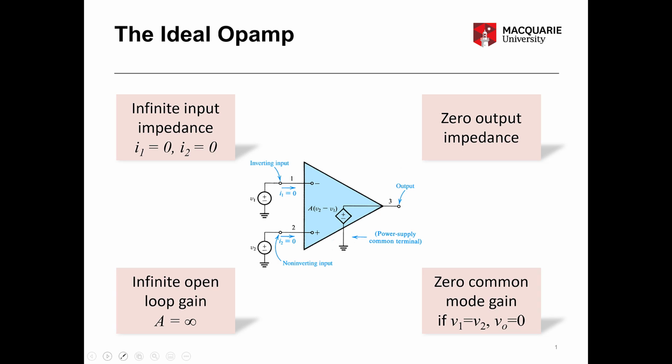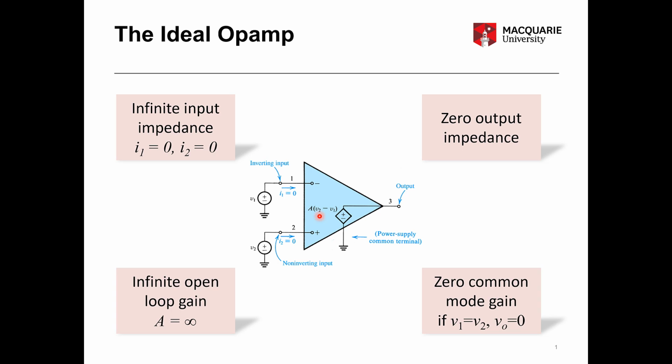Next criteria is for zero common mode gain. The common mode gain is the unique case when V2 and V1 are equal. So if V2 equals V1, then there is of course no difference here. This part of the op-amp output equation should be 0, and there should be no gain at that point.